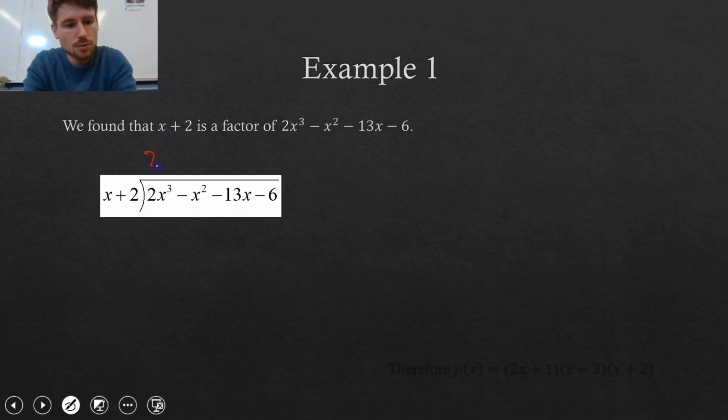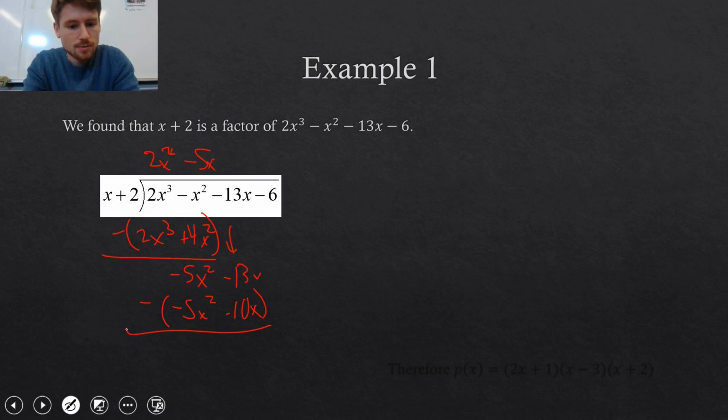So we'll have 2x cubed plus 4x squared, subtract that, and then we get -5x squared, so now it's minus 5x, and bring the -13 down, -13x. -5x squared minus 10x, take that away, -13 plus 10 is -3x, bring the -6 down, minus 3, and then that's going to give us -3x minus 6.